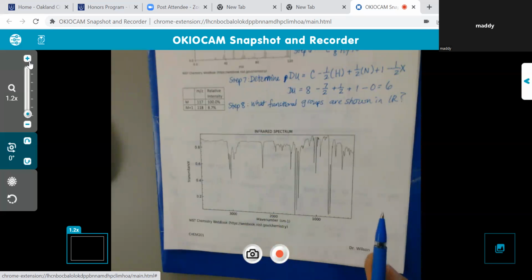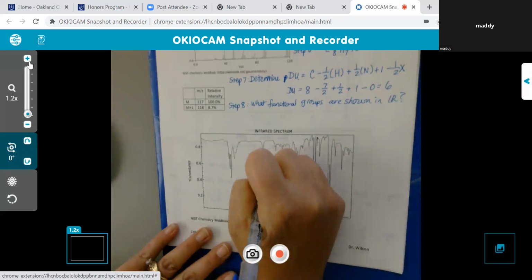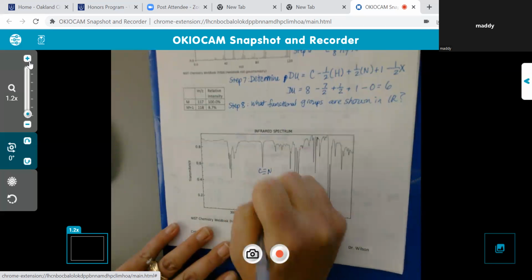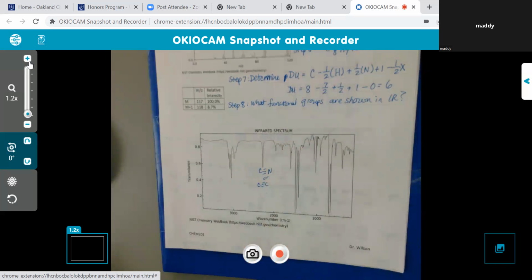Can you name one that you see that's really helpful? You bet. I see either a carbon-carbon triple bond or a carbon-nitrogen triple bond. But in any case, there's definitely an alkyne in here.